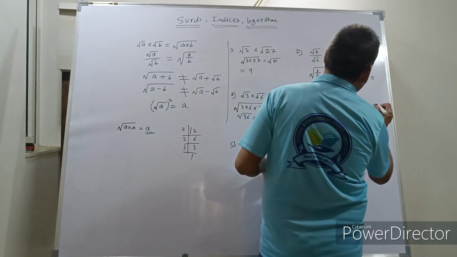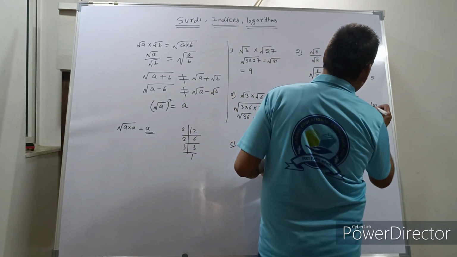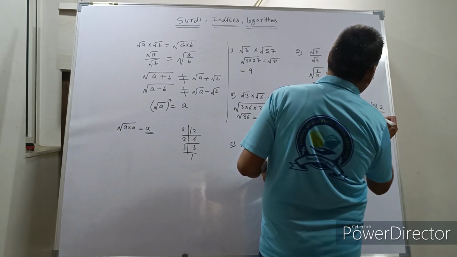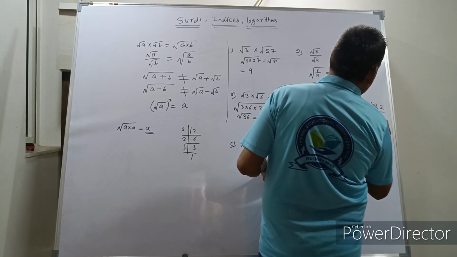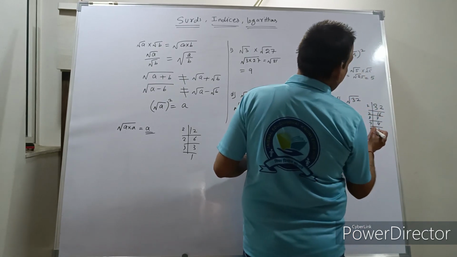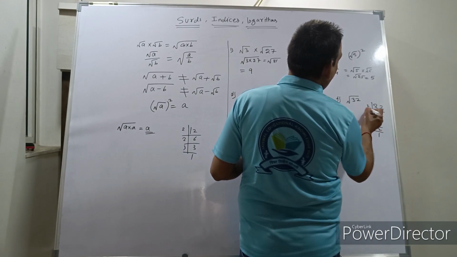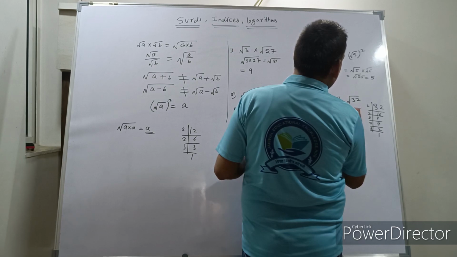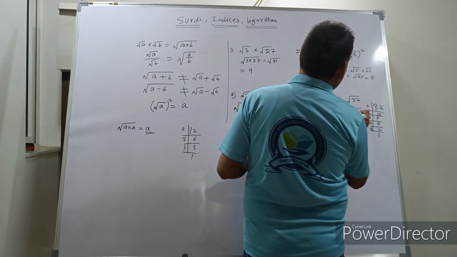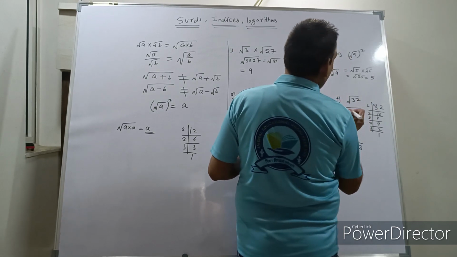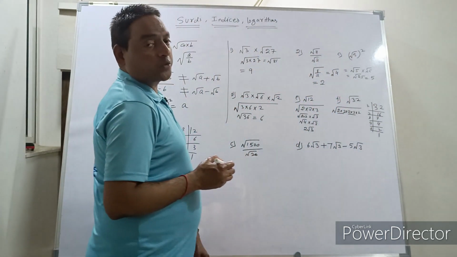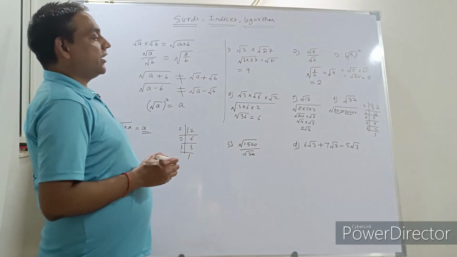So 32 we will factorize first. 2 16s, 2 8s, 2 4s, 2 2s, and 2 1s. How many do we get here? 1, 2, 3, 4, 5. So that will be square root of 2 into 2 into 2 into 2 into 2. What we have to do is make a pair of 2 numbers.